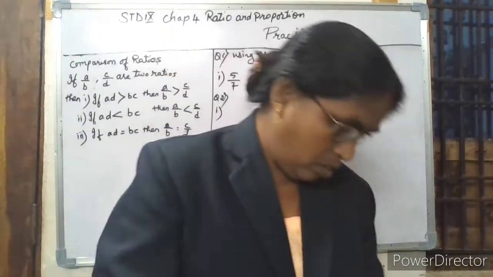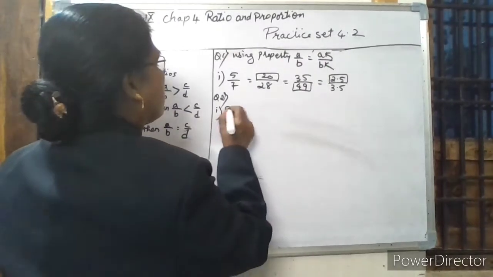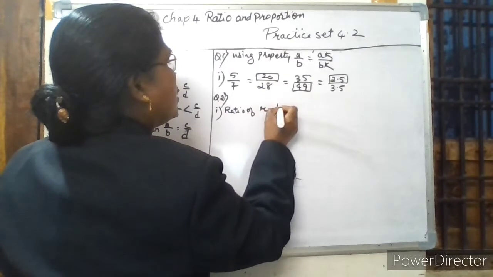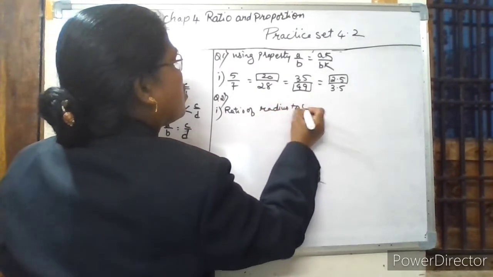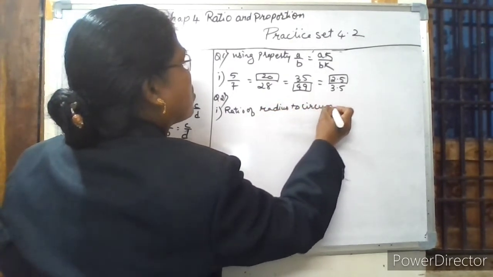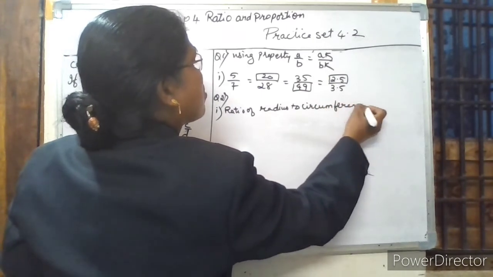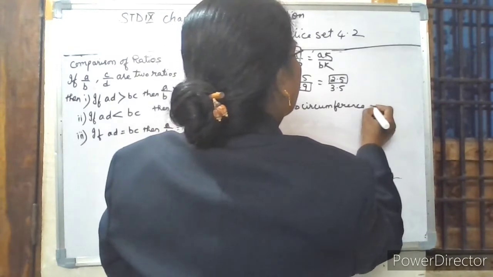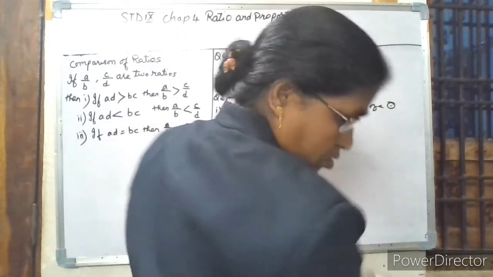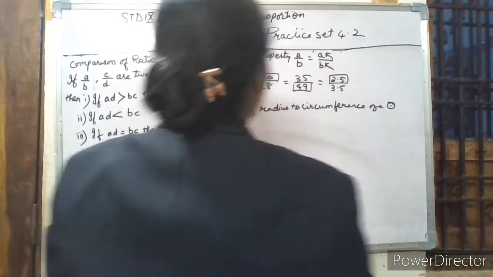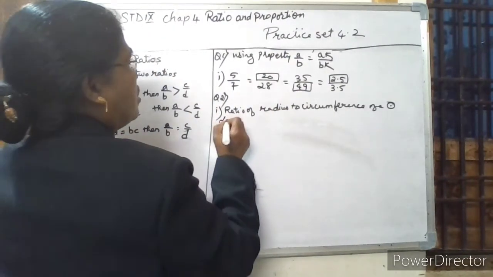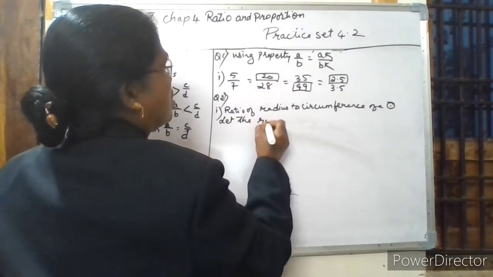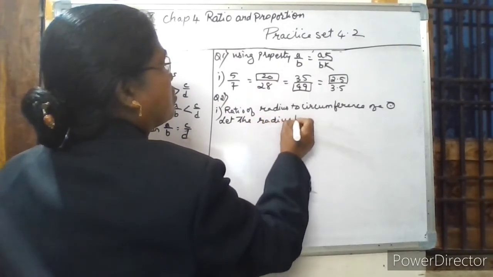Ratio of radius to circumference of a circle. So, let the radius be R. Let us take.